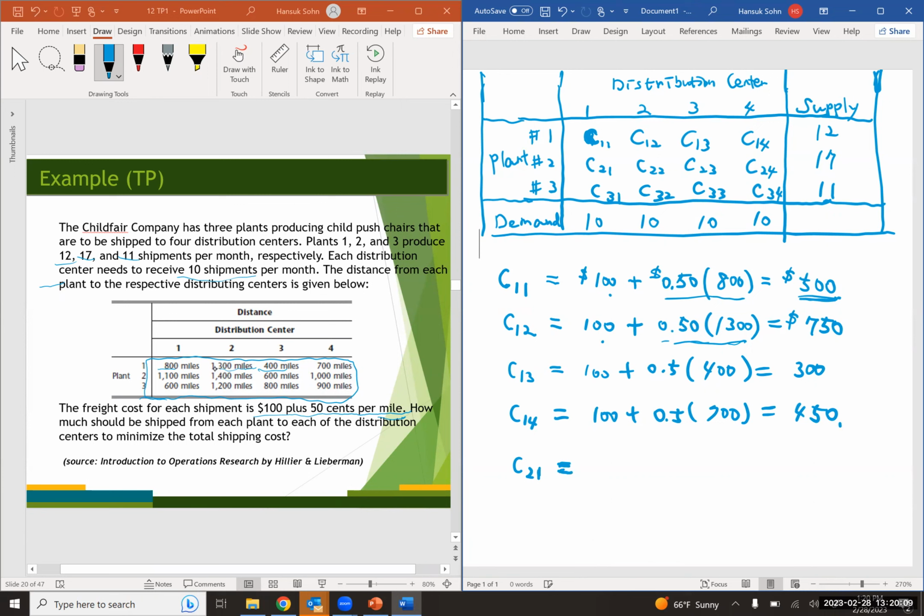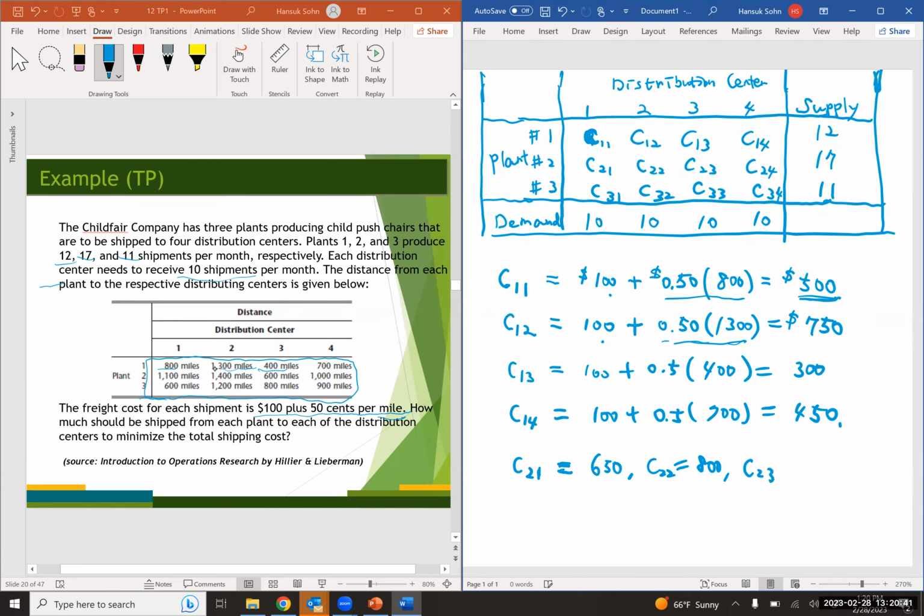C sub 21, 100 plus 0.5 times 1,100. So that's going to be 650, right? C sub 22, 100 plus 0.5 times 1,400. So that's going to be 100 plus 700, which is 800.